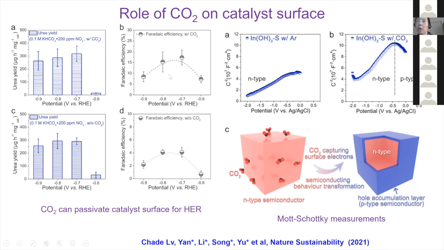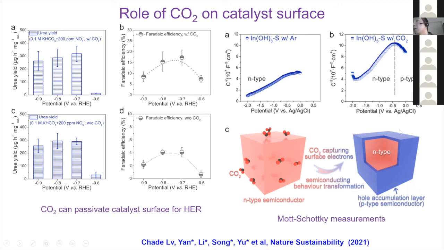Through our study, we found that if we use CO2 as a feedstock for the reaction, or without CO2, the Faradaic efficiency is different. By checking the product, we find the hydrogen product is different in the two cases. So we propose that this kind of catalyst can inhibit the HER process.